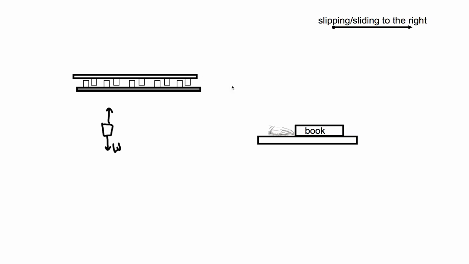Now, if instead we take this book and we start to push, then as we move it, the book moves a very slight microscopic distance, not anything that you would notice, such that the friction bumps start to interact. You'll see it there, you'll see it there.